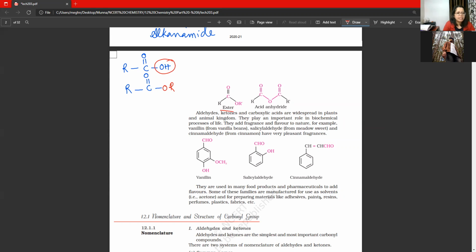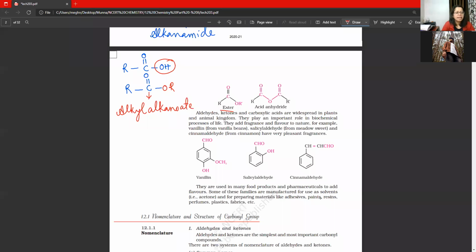The IUPAC name of ester is alkyl alkanoate. Alkyl alkanoate, the IUPAC name of ester.